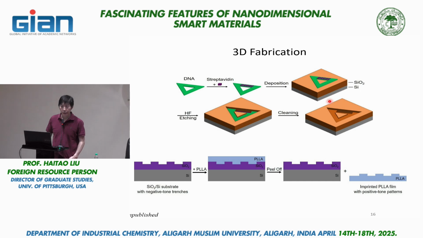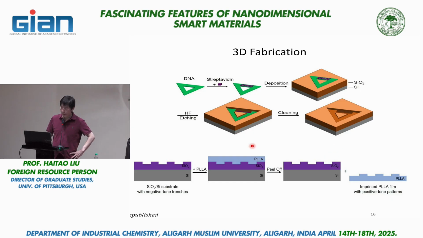So we are able to show that by modifying DNA structure with streptavidin, which is just a convenient protein for us to use, we can make the etching a little bit faster in the area being modified with streptavidin. And by doing this, we can create a pseudo 3D fabrication instead of just doing a 2D fabrication.